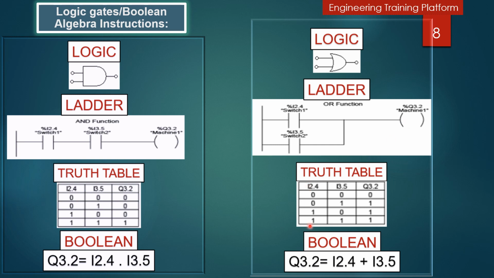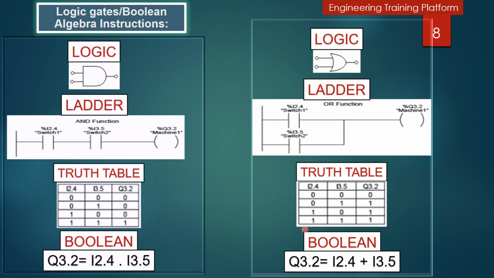Now I will define the truth table. I2.4 is 0 and I3.5 is logic 0, then the output will be 0. Here I2.4 is 0 and I3.5 is logic 1, then the power will flow from here and the output coil will be operated. Then I2.4 is 1 and I3.5 is 0, then the power will flow in this direction and the output coil will be executed.